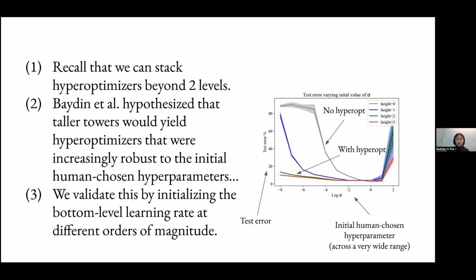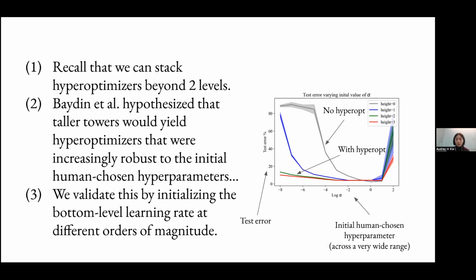Similarly, a height of 0, which is the gray line, means that we're just using an ordinary optimizer, while a height of 3 means that we've recursively stacked 3 hyperoptimizers with 1 optimizer. The interesting thing about this graph is that the ordinary optimizer does not perform well for initial learning rates less than 10 to the negative 4.